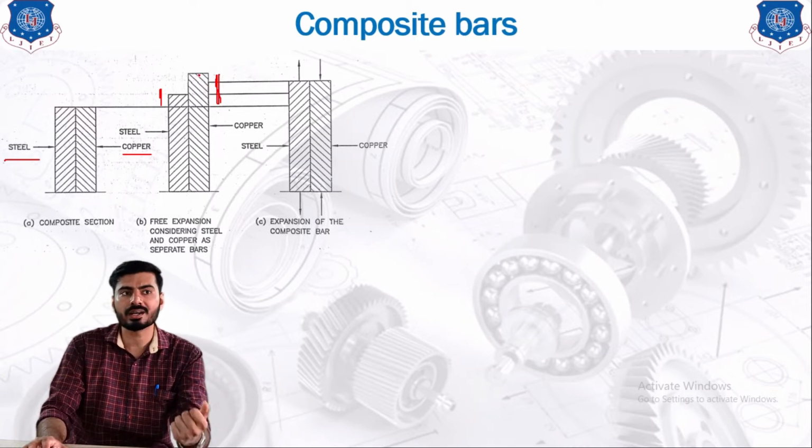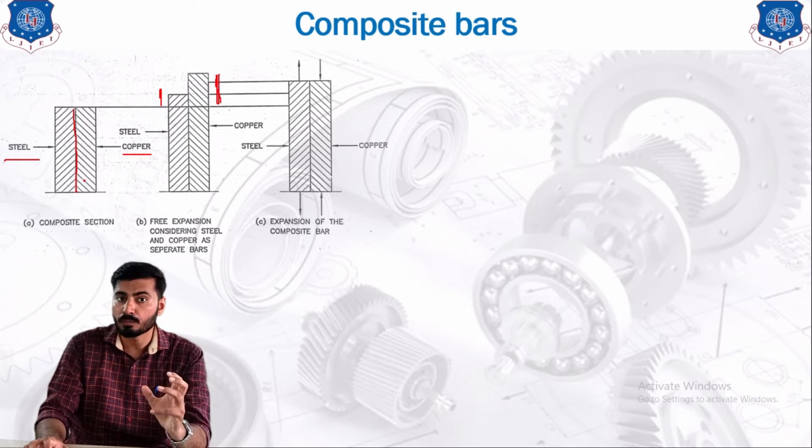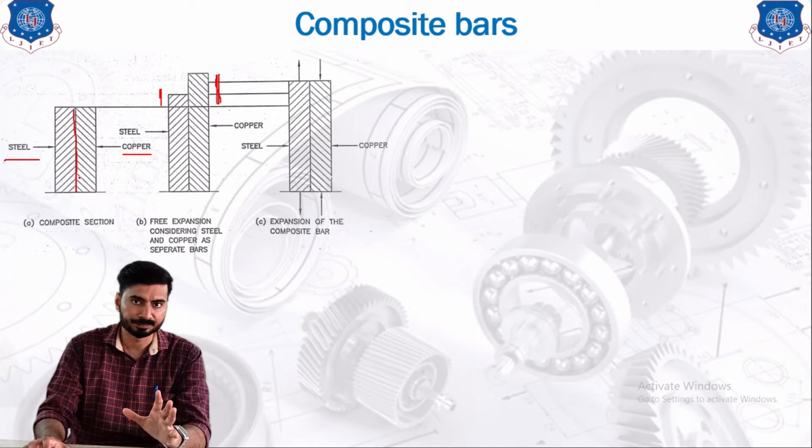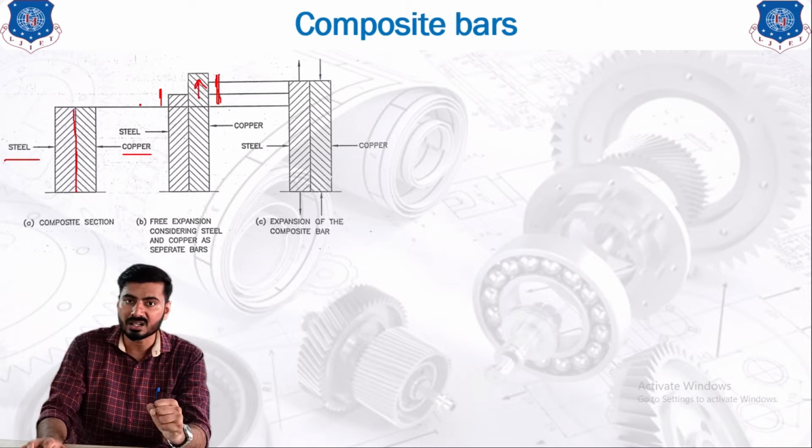So how are we going to understand that? Both the materials are connected over here on the edges, or we can say that on their contact surface both the materials are connected together. So whenever the copper material tries to elongate or expand more than the steel material, it will also try to pull the steel material along with it.